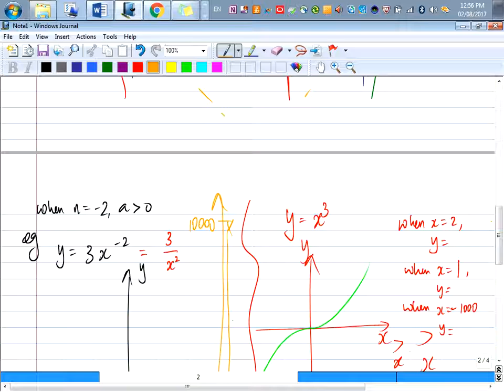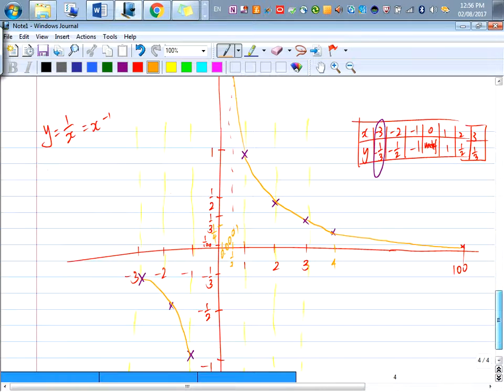So, my point is, when you try to zoom in more and more, you will realize that it does not touch your y-axis. So what happens when x equals 0? What if you substitute x equals 0 inside here? What is the value of y? Undefined. Okay? In fact, what is the idea behind this undefined?